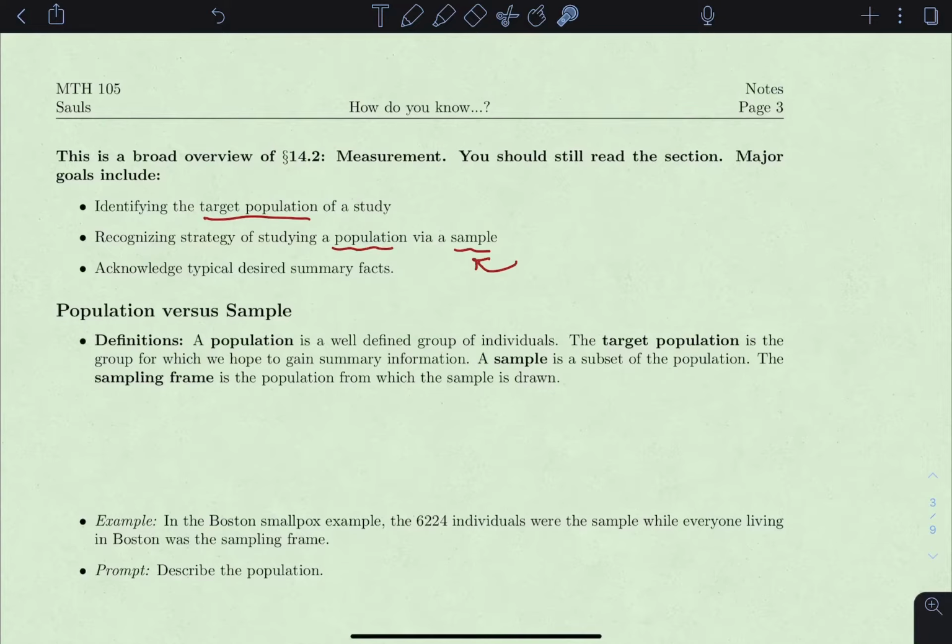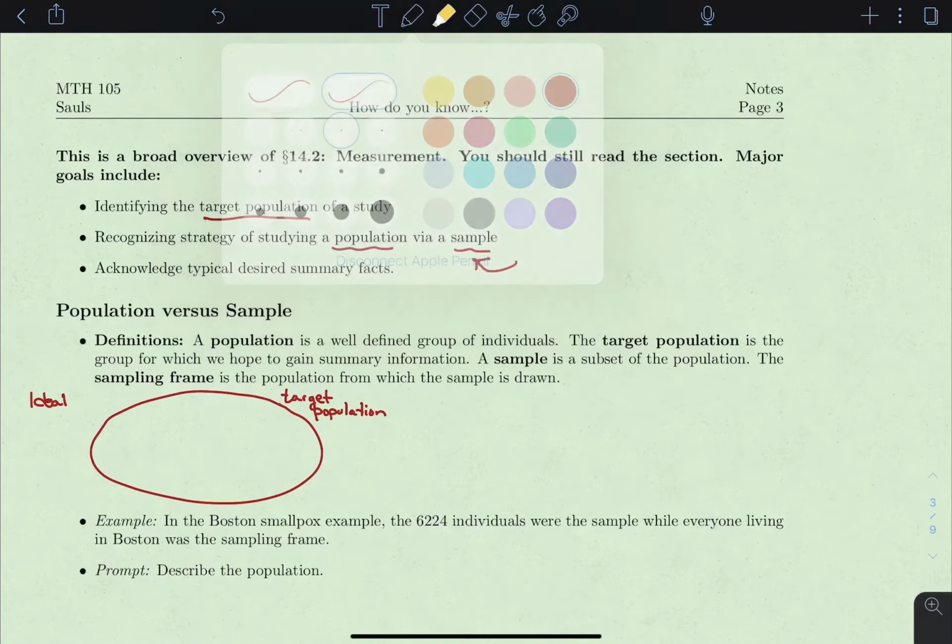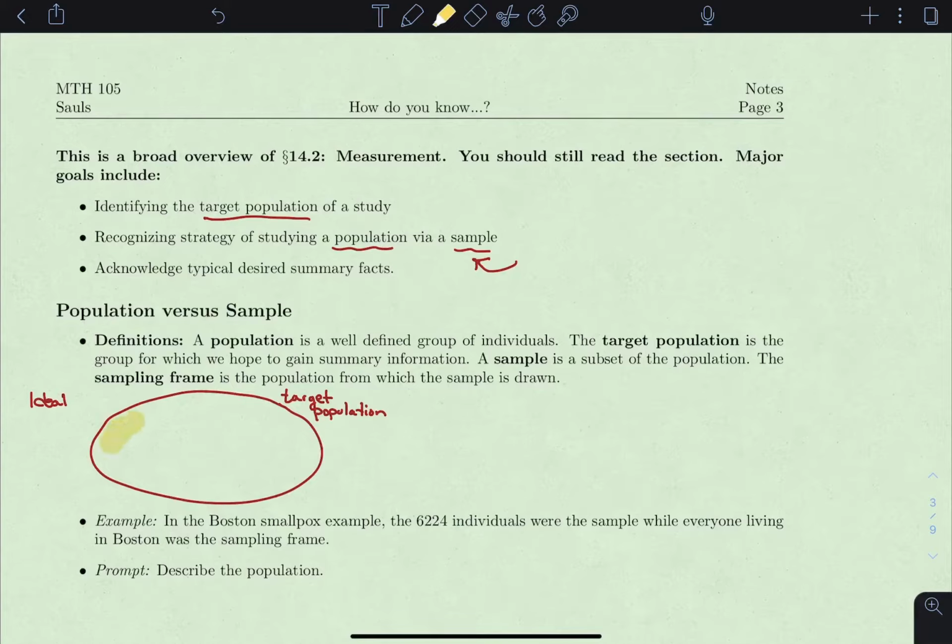So to try to piece this out, let's draw a few bubble pictures. The ideal setting is you have a target population, and then you have a sampling frame, which includes the entirety of the target population.